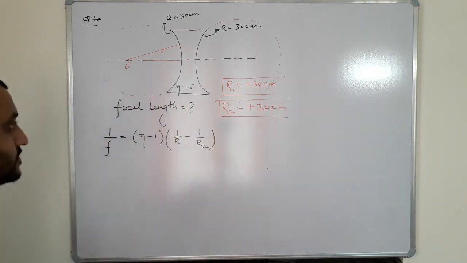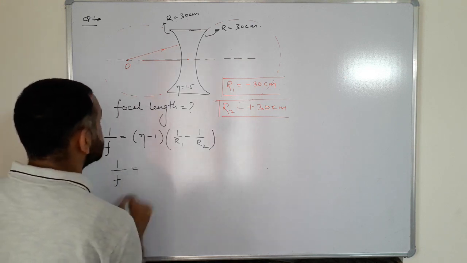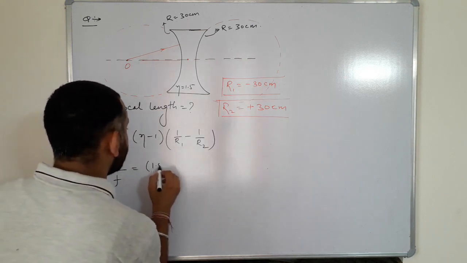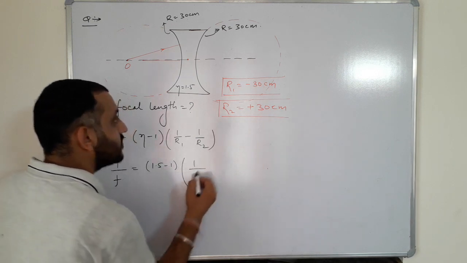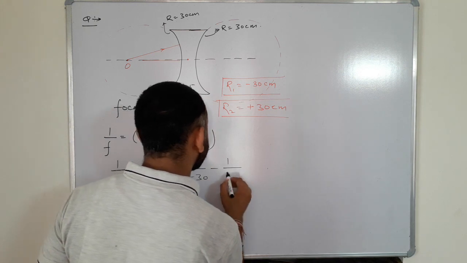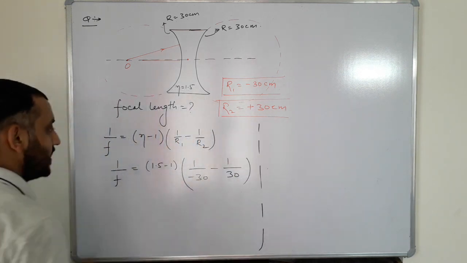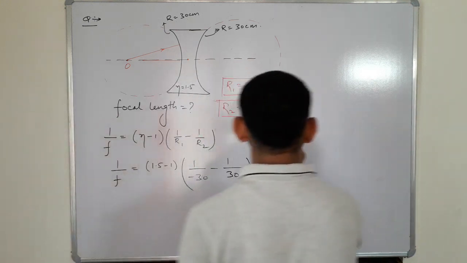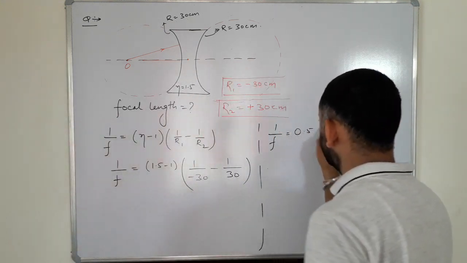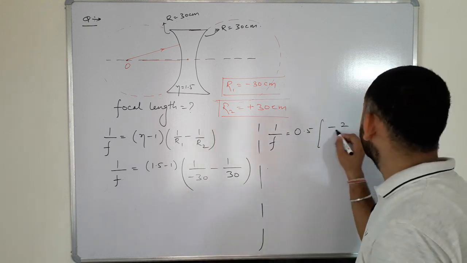Okay, put the value. We will get 1 by f equals to μ is 1.5, so 1.5 minus 1, into (1 by R1 which is minus 30, minus 1 by plus 30). So we will get 1 by f equals to 0.5 into, bracket, minus 2 by 30.